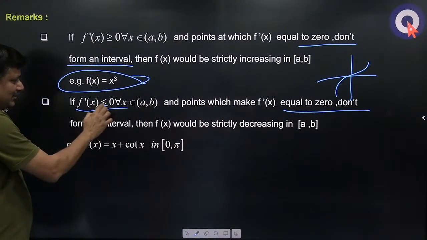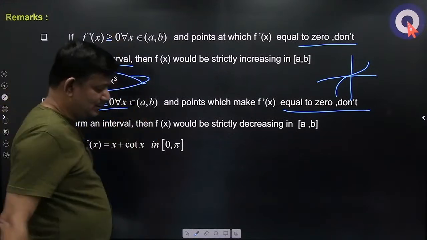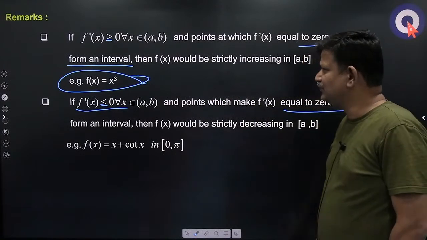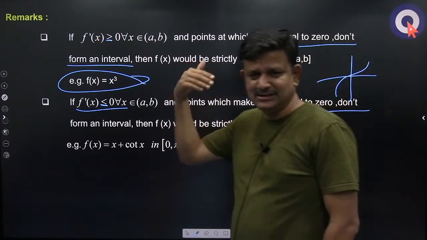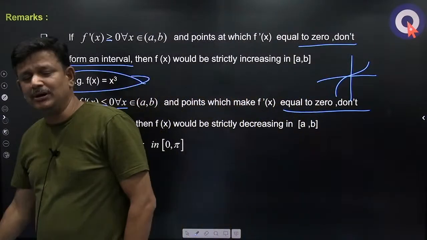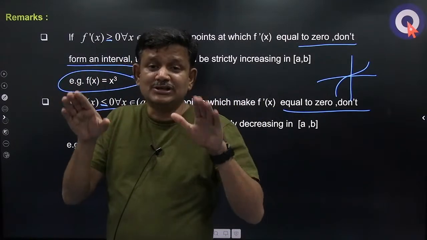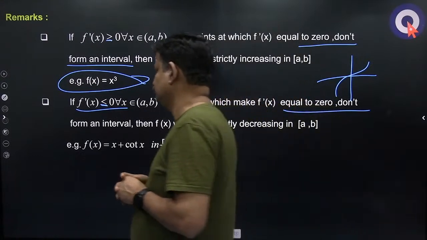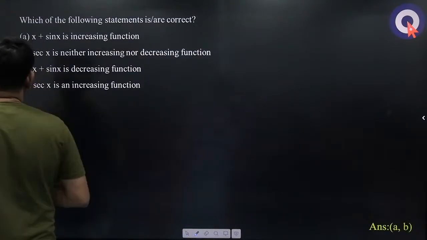So you have to be very careful with this equality sign, especially in cubic questions and all other questions. If the question is to find the necessary condition that the function is strictly increasing, and he gives you a polynomial, then you don't just have to put greater than 0, you have to put greater than or equal to 0. You have to be very careful there.